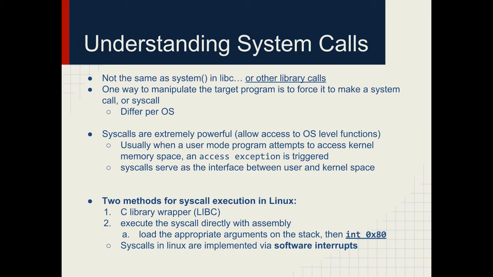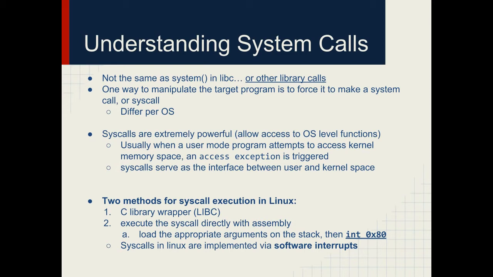So in order to understand how to write shellcode, we're going to have to understand system calls. This is not the same as the previous example that I started with, the system function provided by libc, or any other library calls. System calls are provided as an interface to the operating system. You should remember that. They're very different in A, style, B, calling convention, and C, functionality than functions provided by libraries.